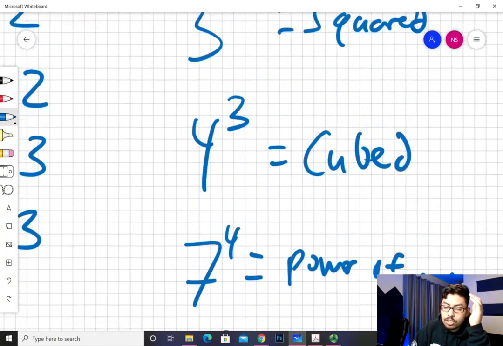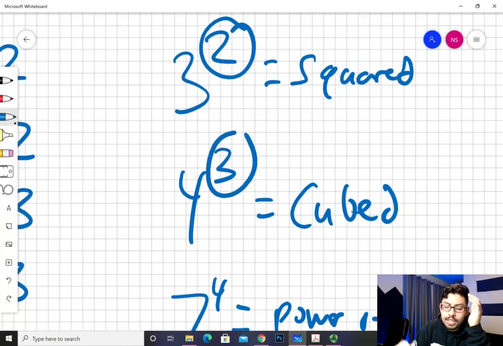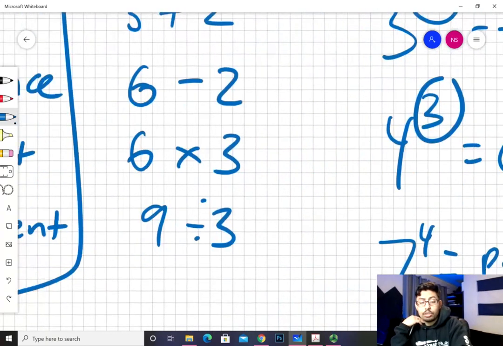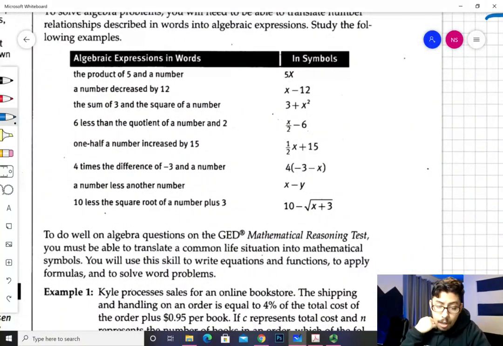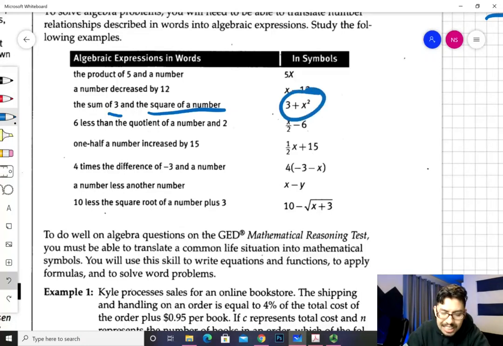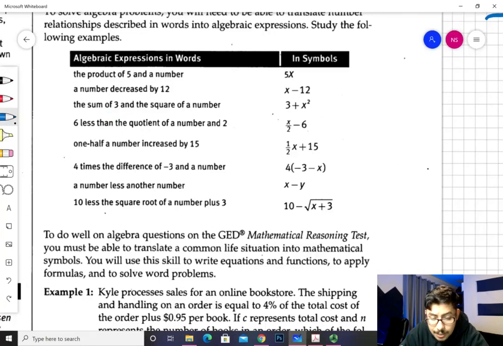It's just the 2 and the 3 that have the fancy words of squared and cubed. So, yeah. The sum of 3 and the square of a number. The sum, so the answer when you add 3 and the square of a number. And that's how it looks like. So please, my friends, memorize all of this. Please, please, please.